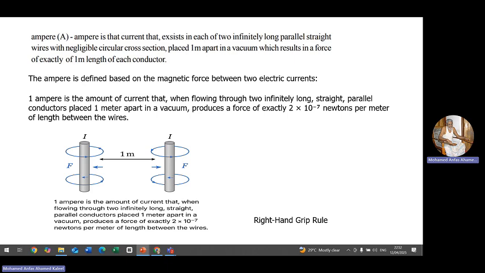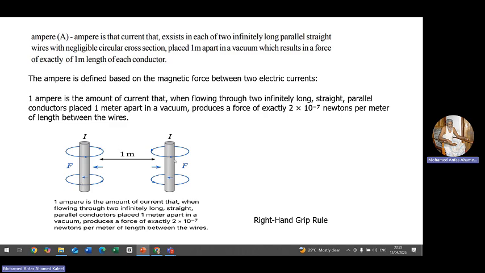So the ampere is the amount of current that, when flowing through two infinitely long straight parallel conductors placed 1 meter apart in a vacuum, produces a force of exactly 2 into 10 to the power minus 7 newtons per meter of length between the wires.